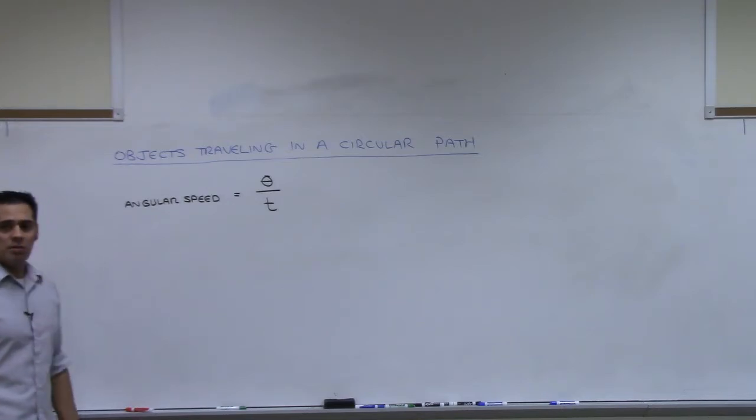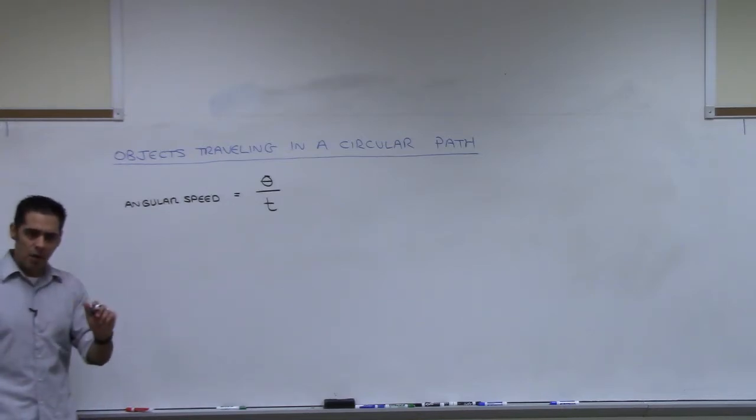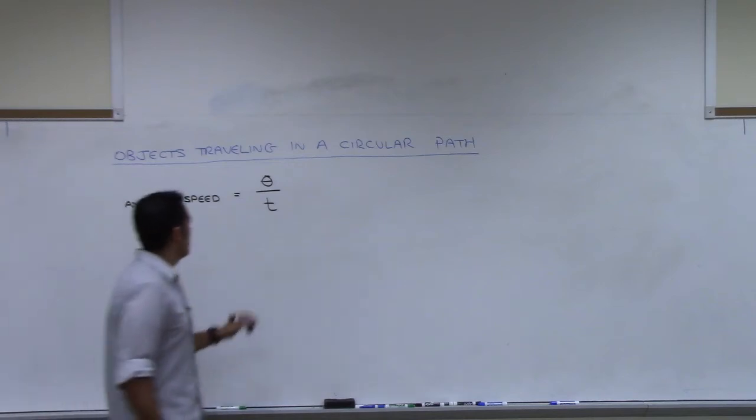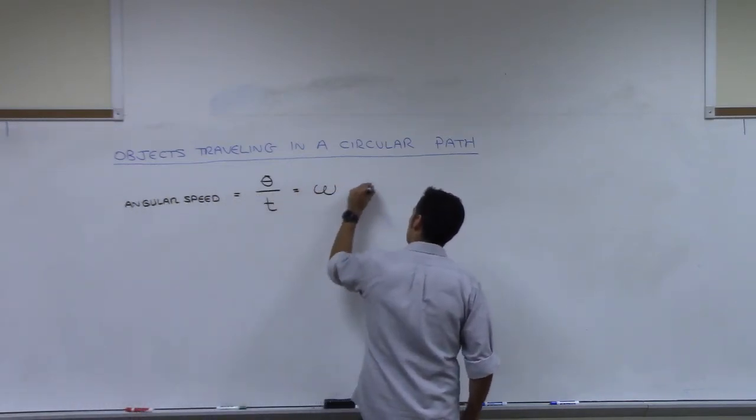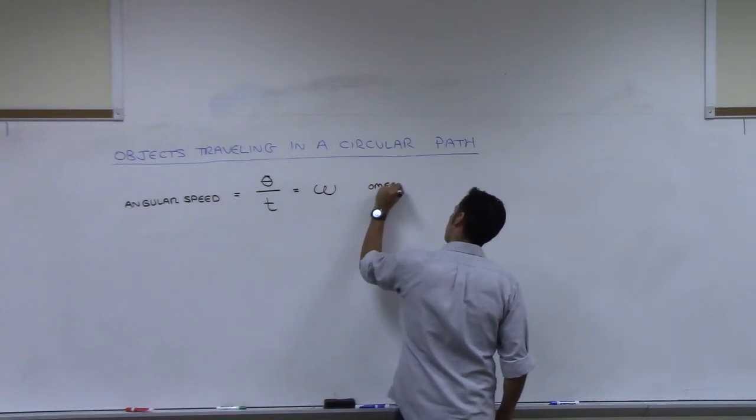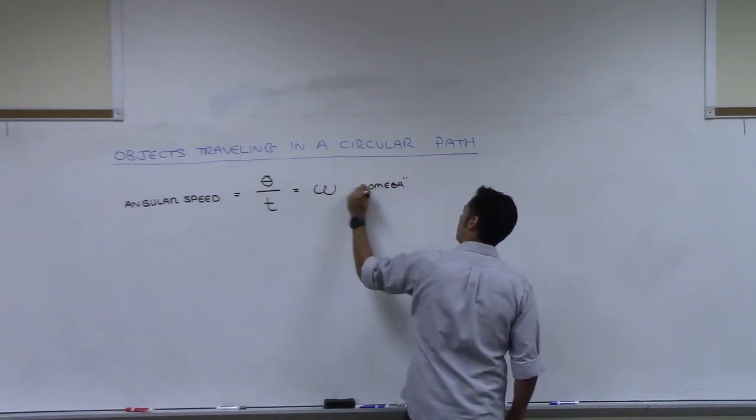Now we have a special letter for this. Remember how we had S for arc length? For angular speed, we use omega, Greek letter.